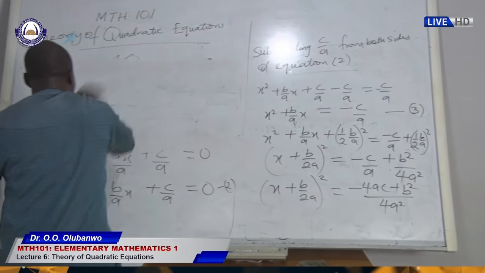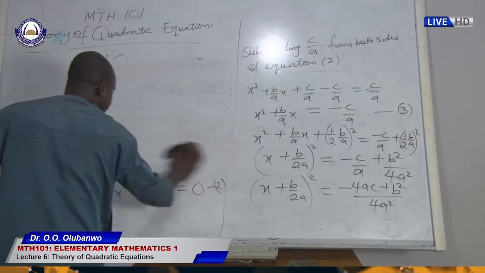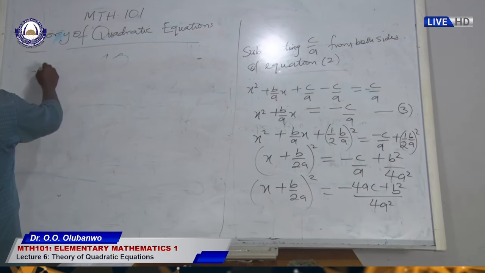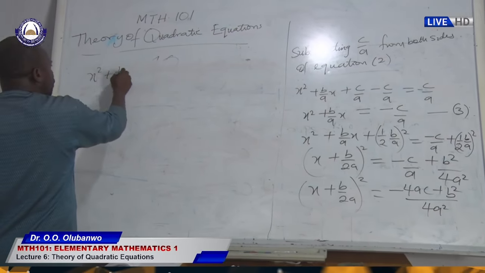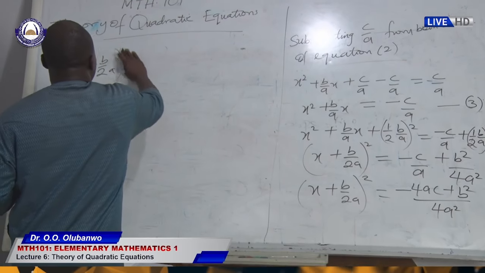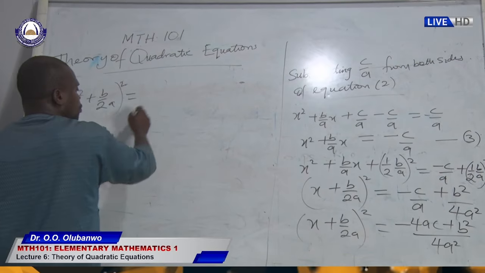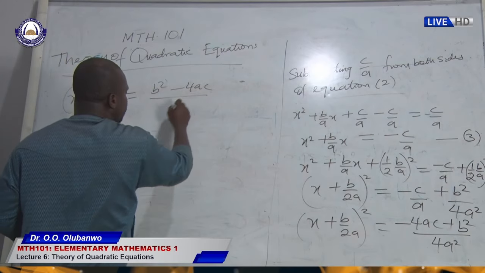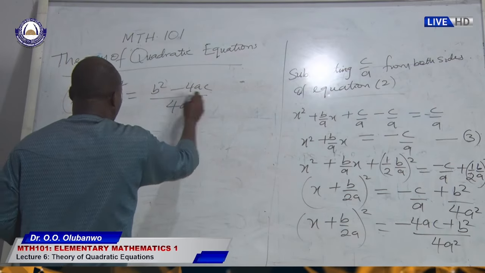So I will now write everything as x plus b over 2a all squared equals b squared minus 4ac, everything over 4a squared.